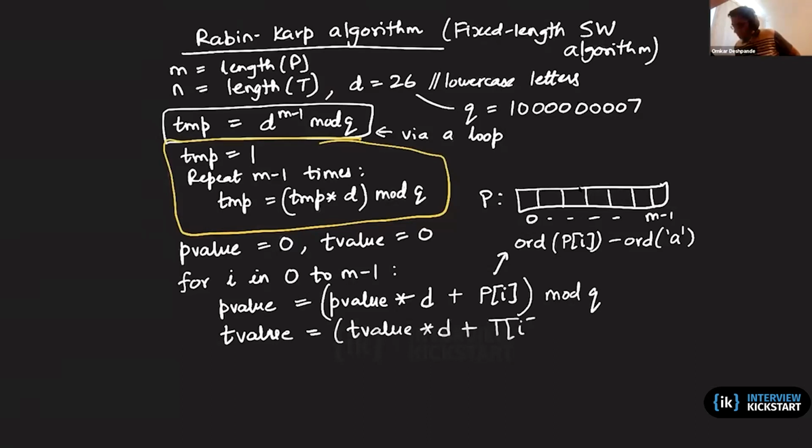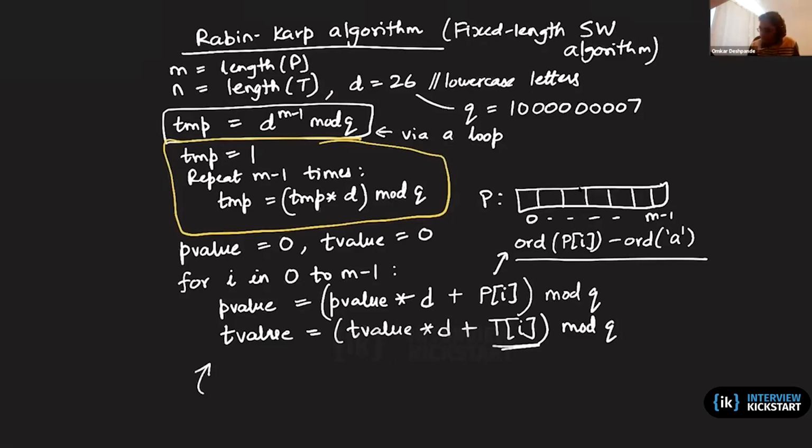Text of I mod q. And again, this is similar: we'll need to convert it into a numerical digit value.